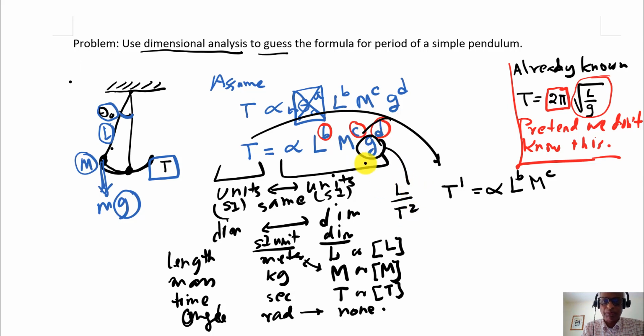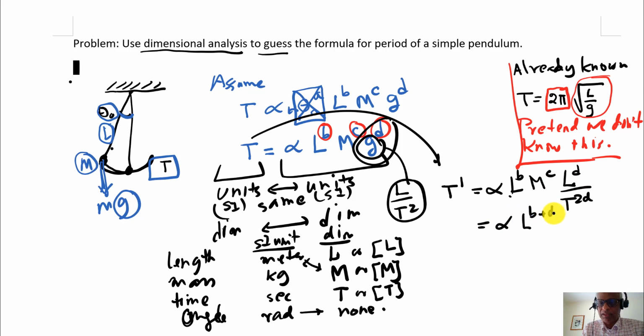And if you have it to the power d, that becomes length to the power d and time to the power 2d. Length can be simplified. So this is alpha, length to the power b plus d, mass to the power c, and T to the power minus 2d. Now powers have to be equal on both sides.